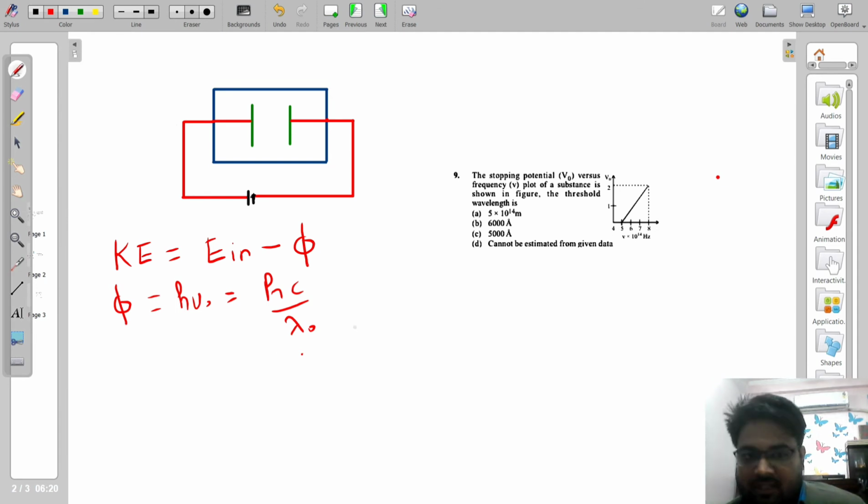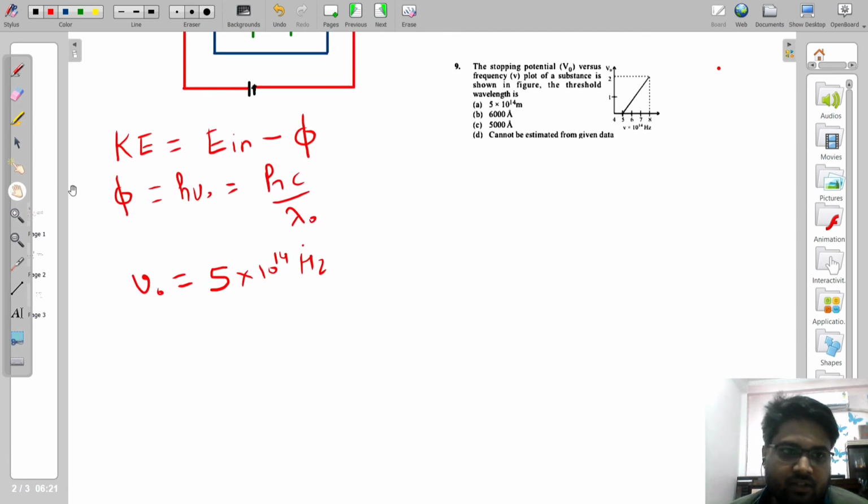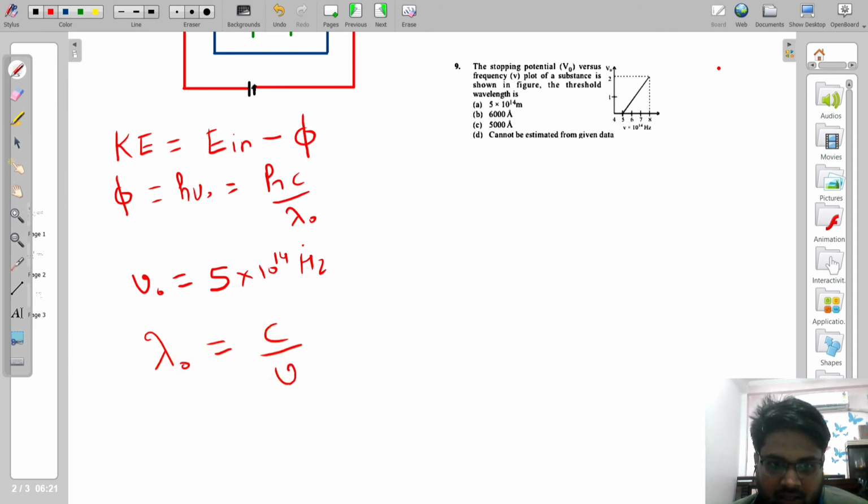So threshold frequency is equal to 5 into 10 raised to the power 14 hertz. Now by using this we are going to calculate the value of threshold wavelength. That will come lambda naught is equal to c by v naught, where c is the velocity of light and whose value is 3 into 10 raised to the power 8.